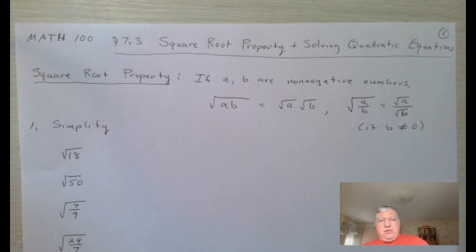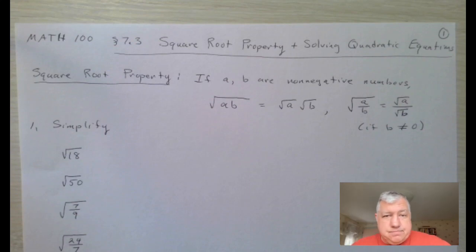So yes, we're going to continue studying square roots and using them to solve quadratic equations. There are two important properties we'll be using. First, the square root preserves products and quotients.